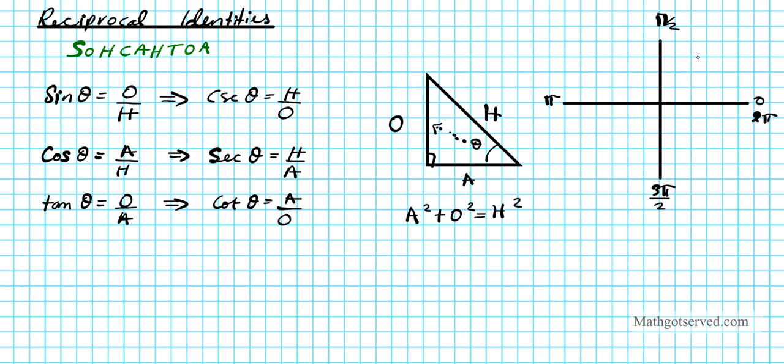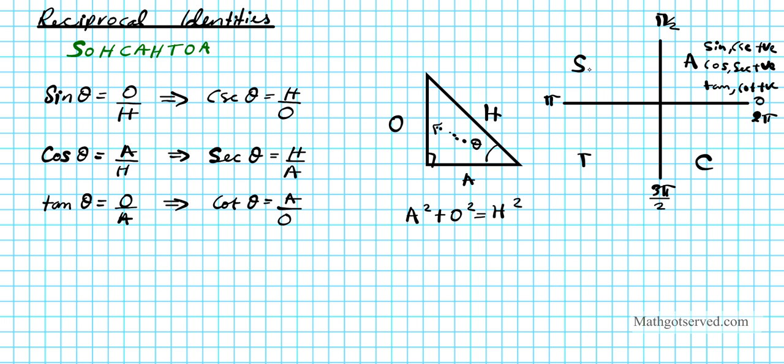Now we know that All Students Take Calculus starts from quadrant 1. What does this mean? A basically means that all 6 trig functions are positive. So sine and cosecant are positive, cosine and its reciprocal secant are positive, and tan and its reciprocal cotangent are positive. Note that they always go in pairs.